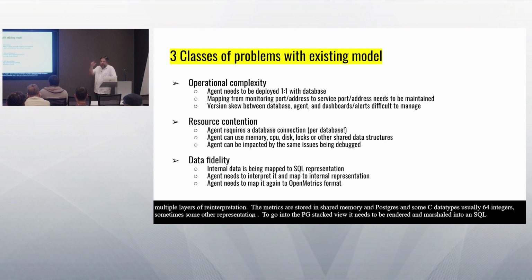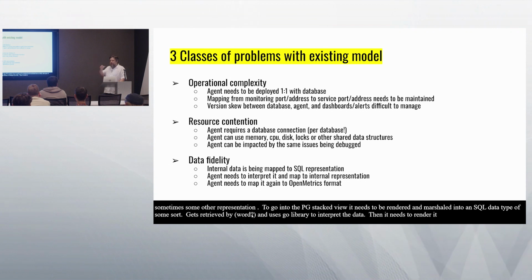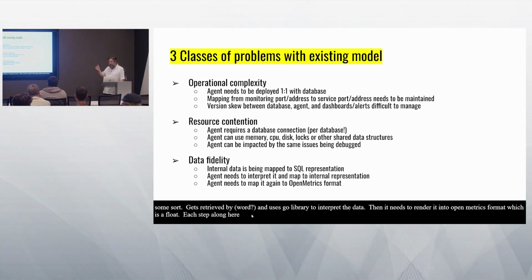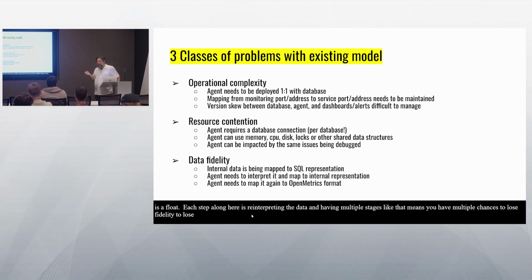It uses Go libraries to interpret that data, and then it needs to render it again into OpenMetrics format, which is a float. Each step along here is reinterpreting the data, and having multiple stages like that means you have multiple chances to lose fidelity, to lose context that is important for interpreting this data accurately.